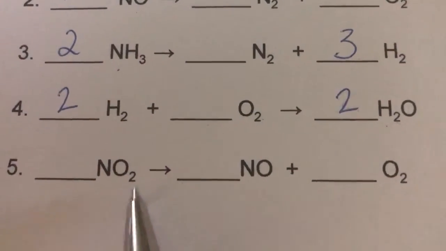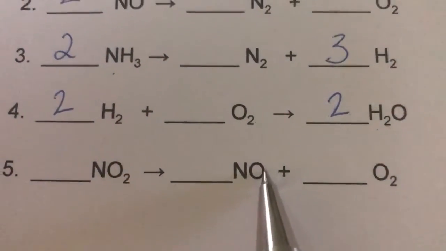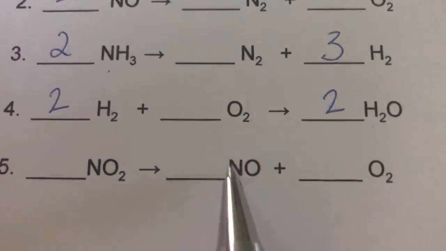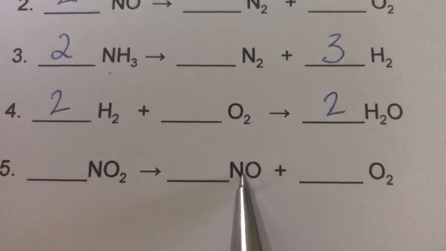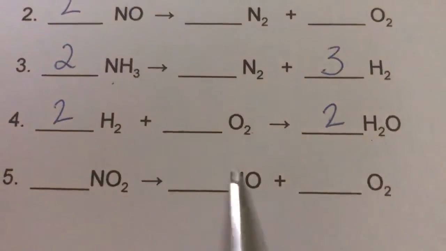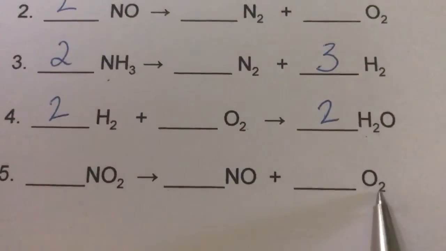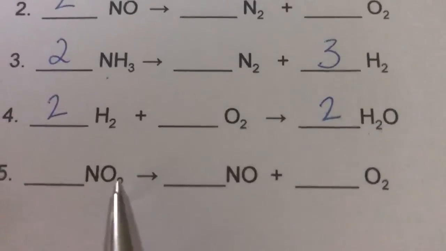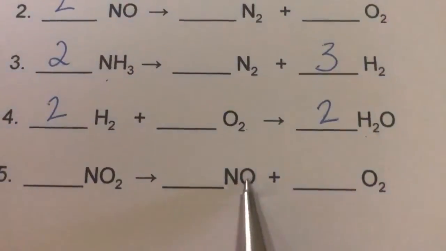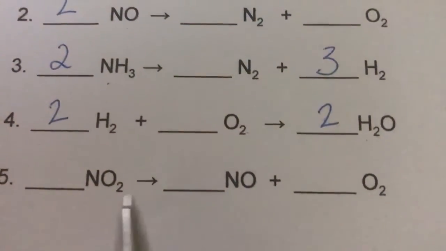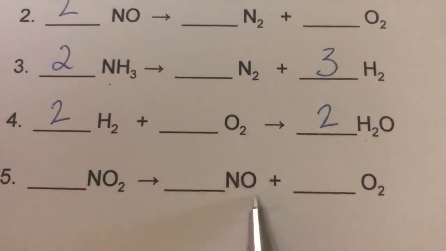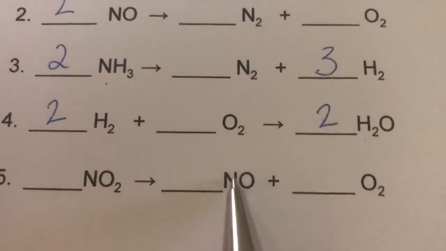NO2, nitrogen dioxide, produces nitrogen monoxide and oxygen gas. My nitrogens look to be good. I've got 1 nitrogen and I have 1 nitrogen. But my oxygens, I have 2 oxygens on the reactant side, and here I have 1 plus 2, which is 3. Now, there's no way I can multiply an even number and get an odd number. So what I have to do here is realize that I have an odd number, and the only way to get the odd to be even is to double it.